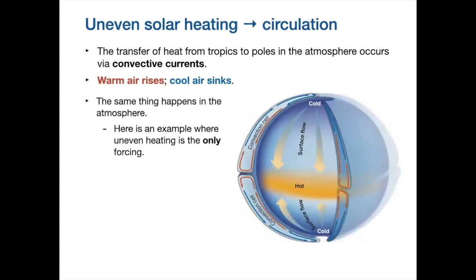So here we have an example of what would happen if the Earth only had this uneven solar heating. So it's not what happens. The picture when we include the Earth's rotation is more complex.